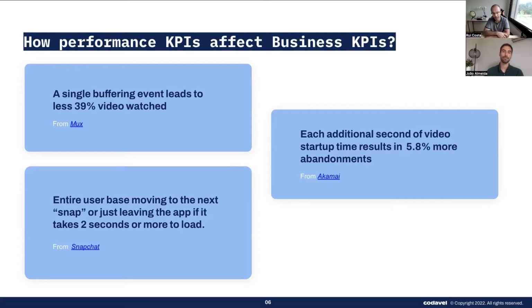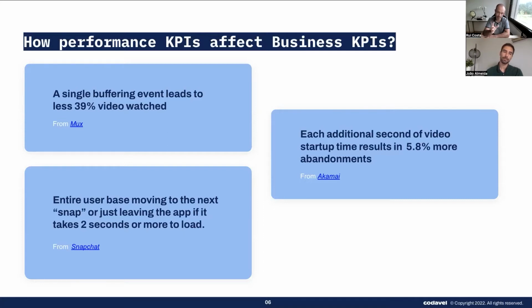More recently, we found one that is a little bit more aggressive, as I will try to explain. This is from Snapchat, so probably this is also related to the fact that the user base is younger. But for Snapchat, the threshold is also 2 seconds, but the game is different.